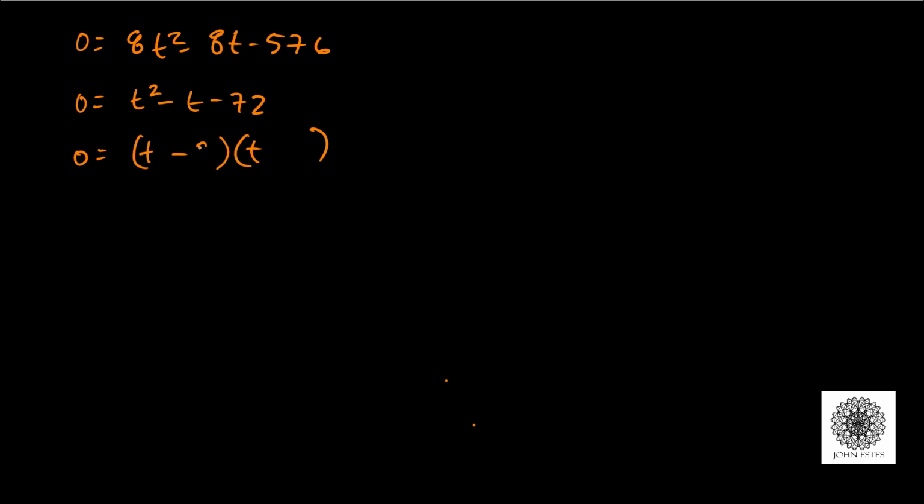If you think about it for a little bit, you'll get t minus 9 and t plus 8, which gives me the results t equals positive 9 and negative 8. Now if we think about it for a moment, we're dealing with time, so negative 8 doesn't make any sense. So we're going to go with the time is 9. But that's not what the question was asking for, right?